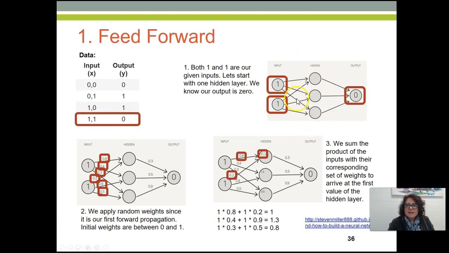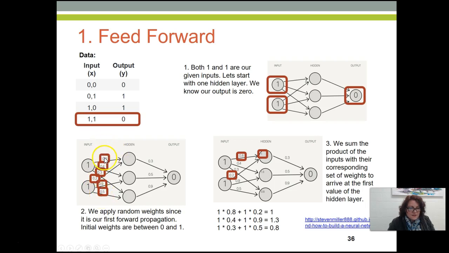We've architected a hidden layer consisting of 3 neurons, and we see that each one of our input attributes connects to each of the neurons, and each of the neurons sends its output to the output layer and eventually is supposed to resolve in 0, which we know is our output. We start by applying random weights, since this is our first forward propagation.